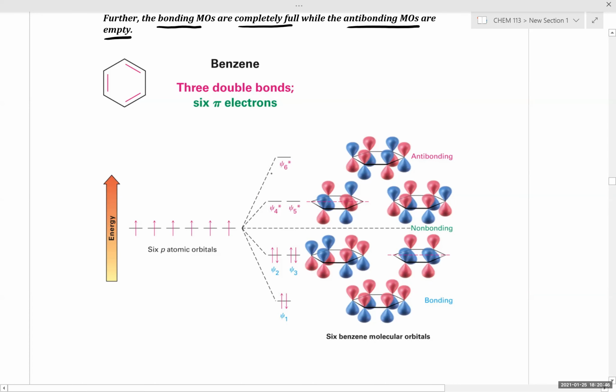Does this definition make sense to everyone? Does everyone see how 6 pi electrons corresponds to 4n+2? Because if n is equal to 1, we get 6 electrons. Does that make sense to everyone?